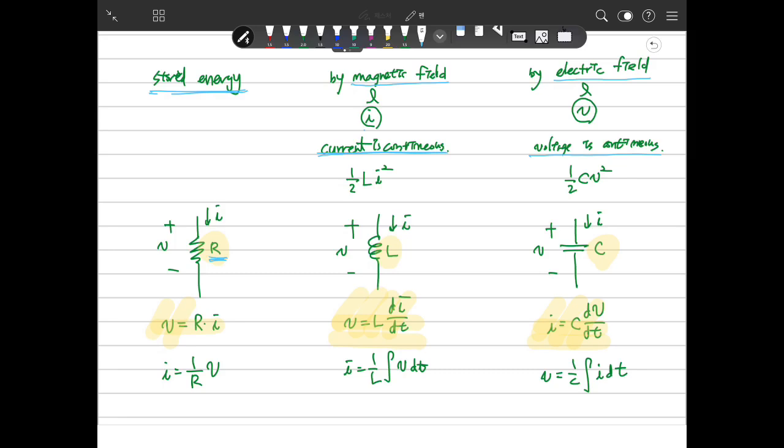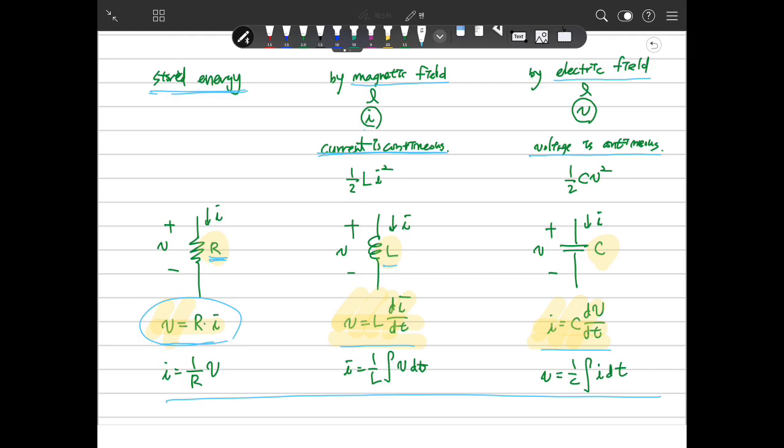So the relation between the resistor, inductor and capacitor is here. V is IR. In the case of the inductor, V is L dI/dt. In the case of C, I is C dV/dt. This is the integral form of each element here. You need to be familiar with these equations. This is a kind of Ohm's law. We'll later discuss a new Ohm's law based not on resistance but on impedance.